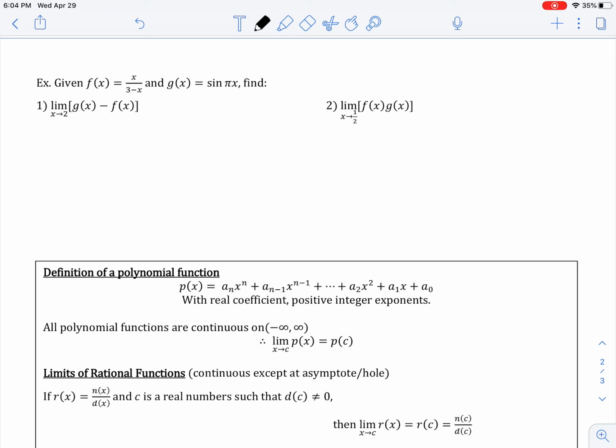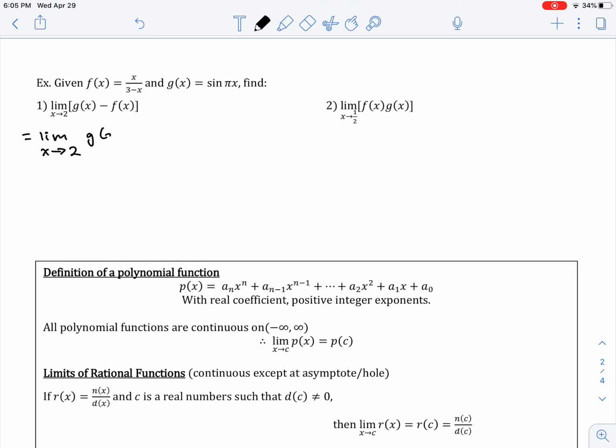If you review those properties, it turns out there are certain things that we can do with our functions. So given our functions here, f of x and g of x, if we're asked to find the limit of g of x minus f of x, you could sit there and you could try to find the result of subtracting f of x from g of x. Or you could rewrite this and say this limit expression is equivalent to the following limit expression.